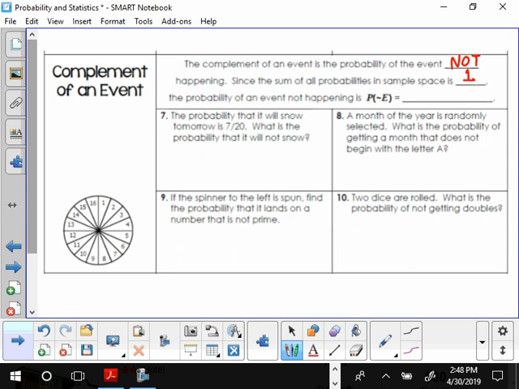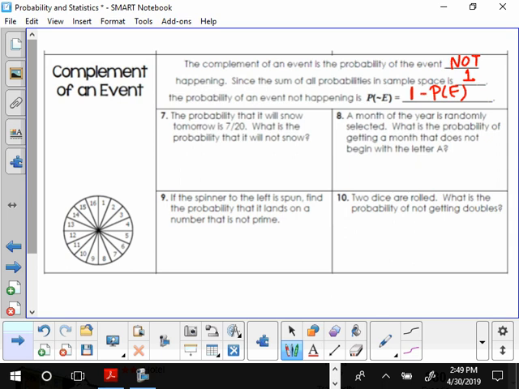That means not E. So the probability of that event not happening is 1 minus the probability that it happens. It's called a complement. So if I was talking about the probability of it raining, its complement will be not raining. And the probabilities all go together to make 1, so 1 minus gives you your complement.